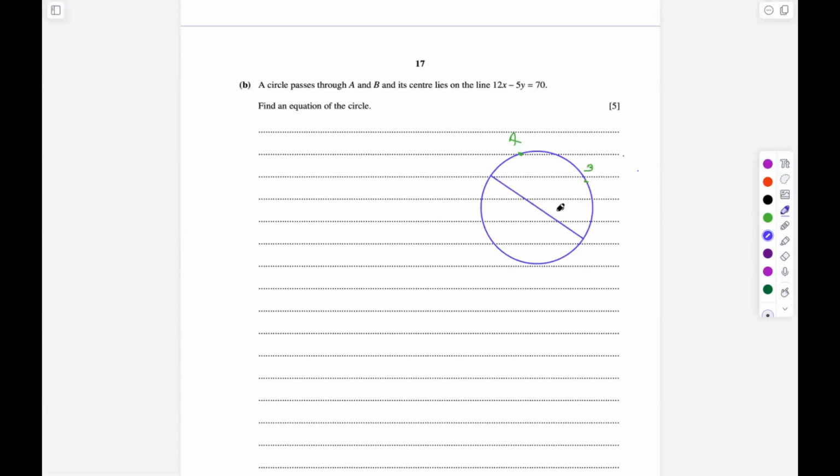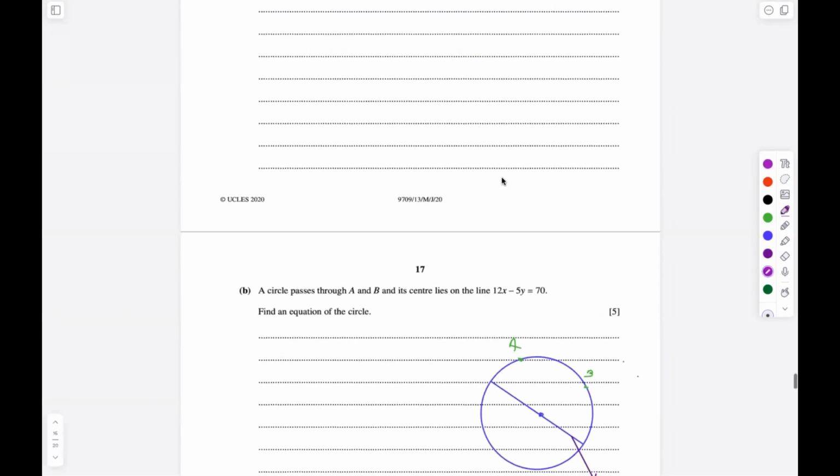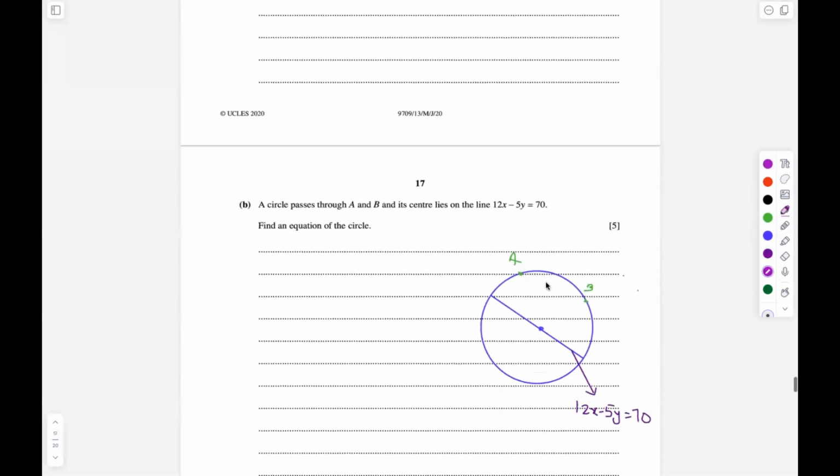So let's say this is the center and the line has an equation. It's not necessarily a diameter, but the center lies on the line. So we can just say that this line has an equation of 12x - 5y = 70. Now in the previous part, we found that the perpendicular bisector of AB had the equation 2y + 3x = 11.